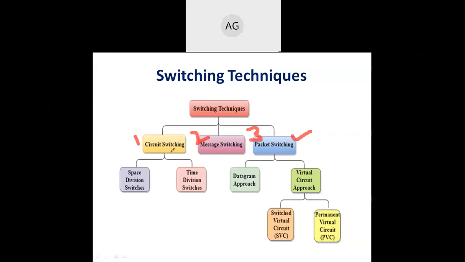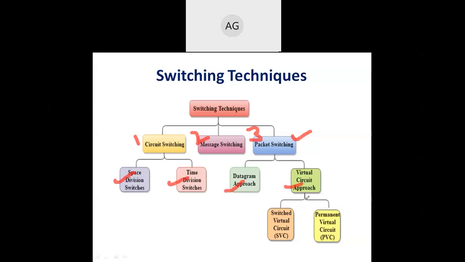Circuit switching is further divided into two types: one is space division switching, and second is time division switching. In the same way, packet switching is further categorized into datagram approach and virtual circuit approach.